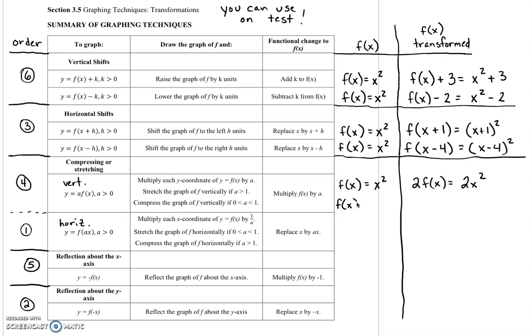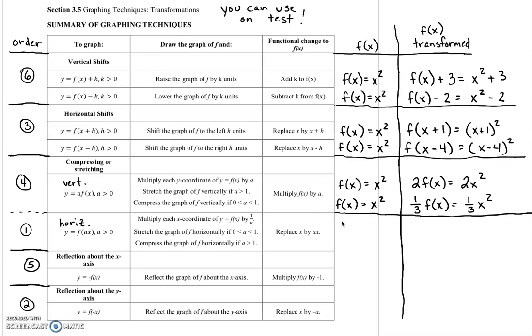A vertical compression of x squared is the same thing, but we use a number between 0 and 1, so a proper fraction when we multiply.